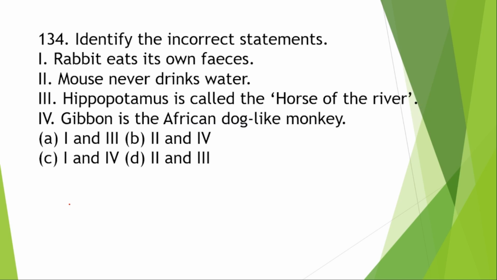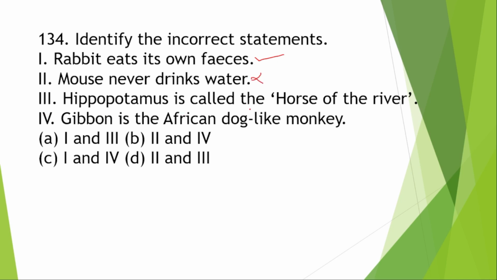Next question, 134. Identify the incorrect statement. First one, rabbit eats its own feces. Yes, this is correct. Next, mouse never drinks water. It is incorrect. While some desert rodents, like the kangaroo rat, can survive on metabolic water, commonly mice do need to drink water. So this one is incorrect.